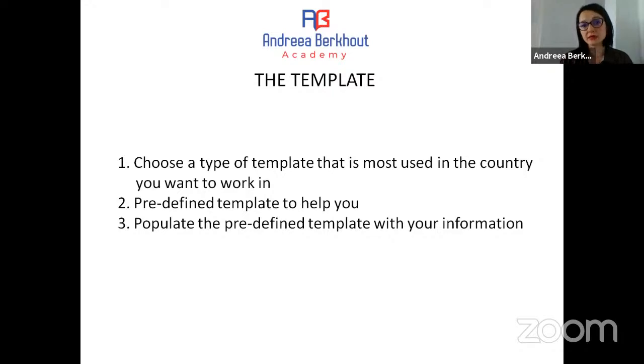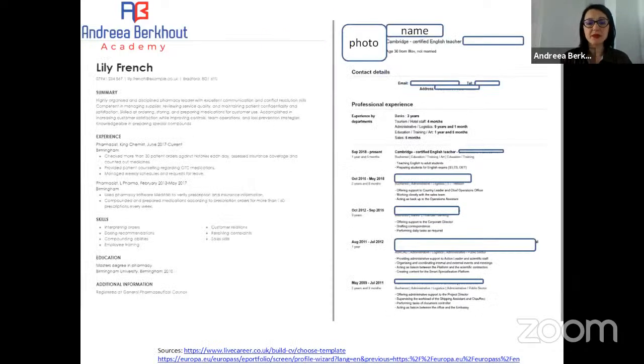On the European job market, let's say, we also have the Europass, and I'll show you two examples. On the left side, the one called Lily French, which is just an example, the person doesn't exist, is a type of professional resume, one that you can definitely use for any type of vacancy, any type of job position.